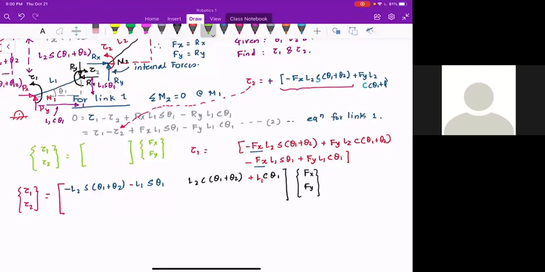Okay, so moving on, now we have to express the same thing for the fx and fy, and this is going to be minus L2 sine theta 1 plus theta 2. This comes from equation 2.